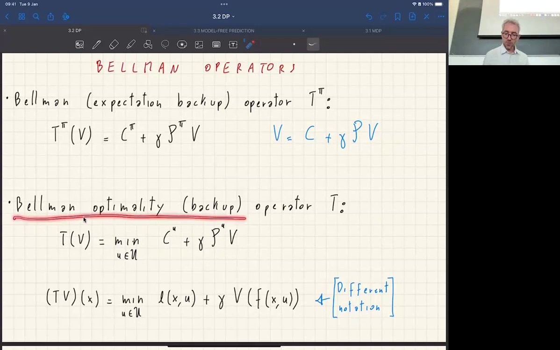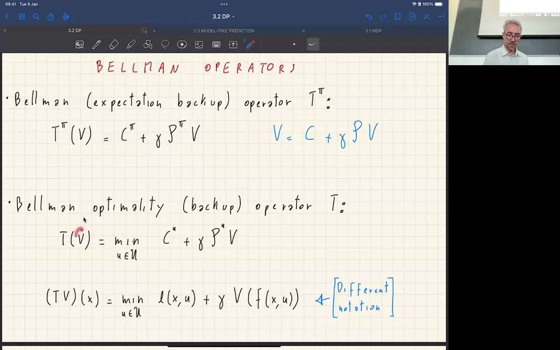And then we have the Bellman optimality backup operator, which we're going to represent simply with the symbol T, because it does not depend on a policy pi. This is very similar to the expectation operator, but we are adding a minimization in front of it.